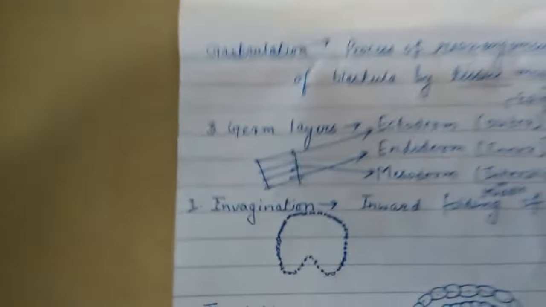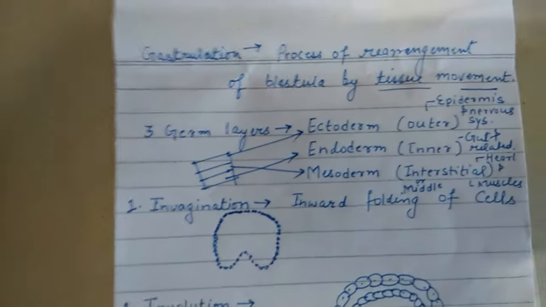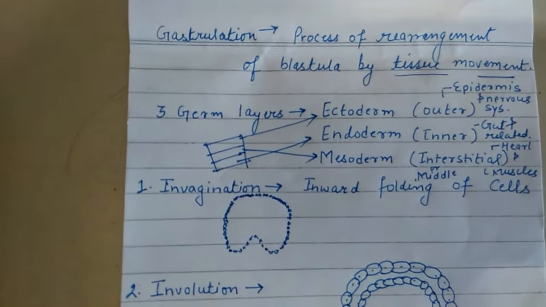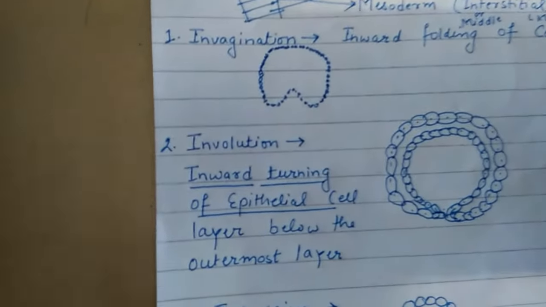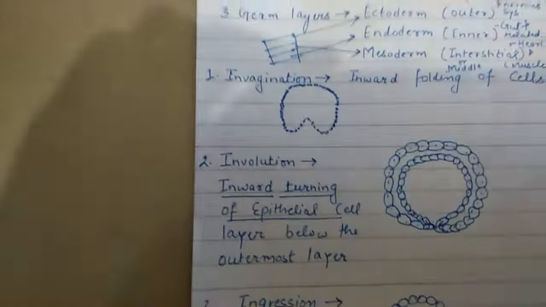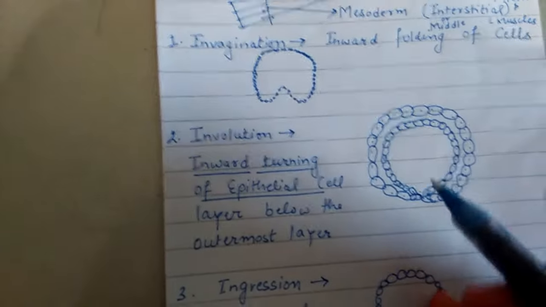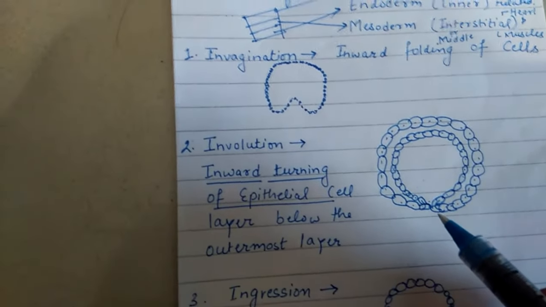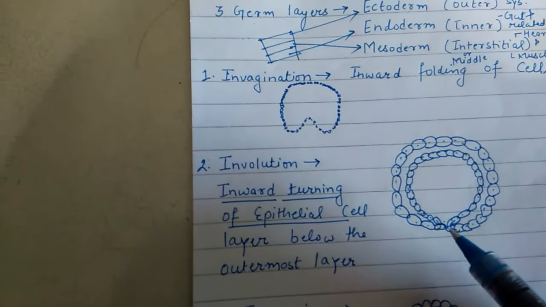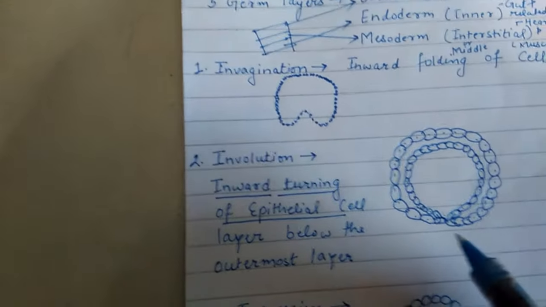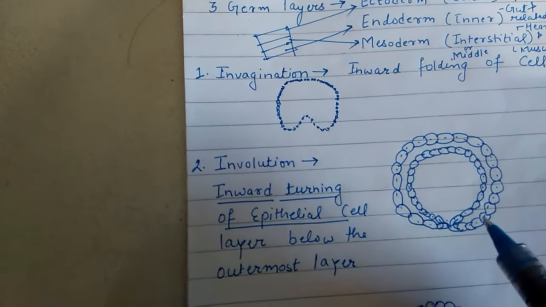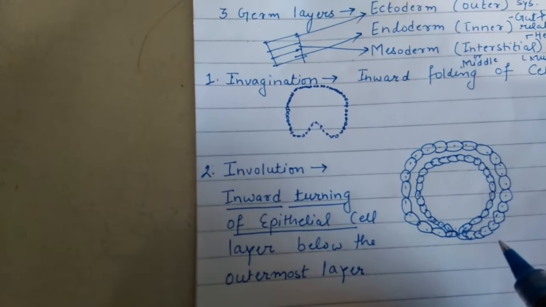Now there are mainly 5 processes through which gastrulation takes place. This is your blastula. Okay, and in blastula cell movement occurs by 5 processes.